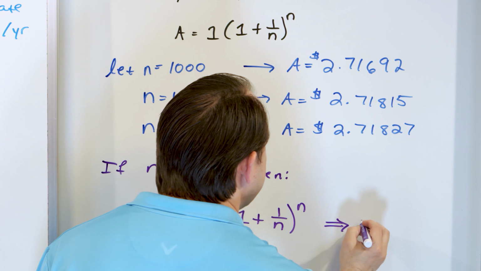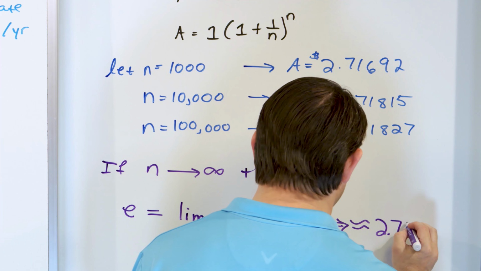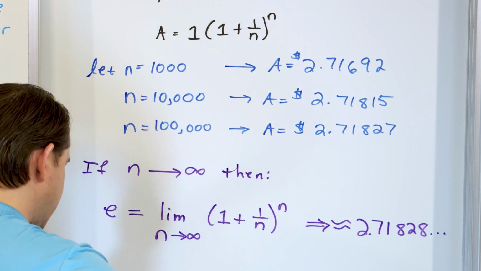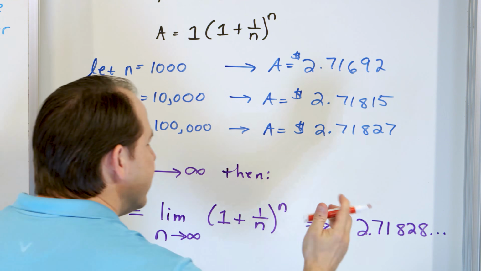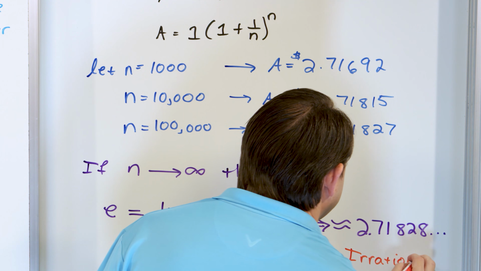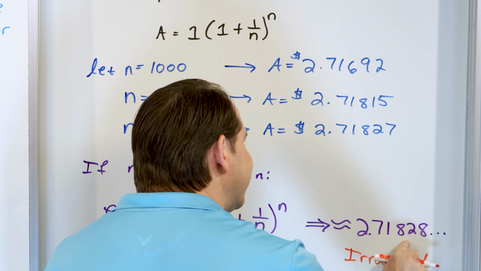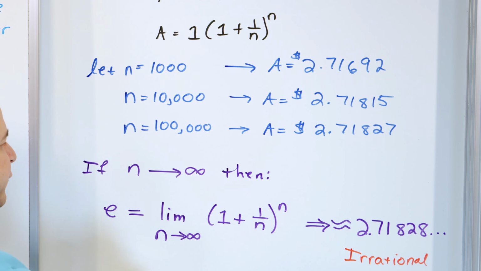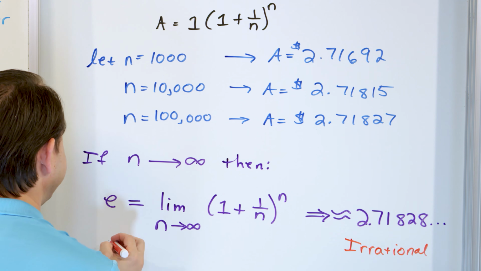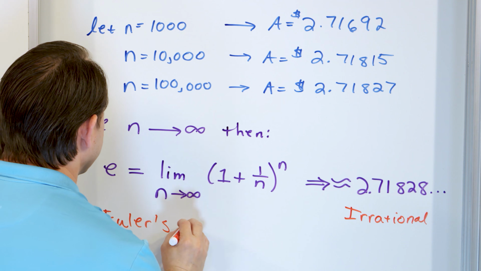And this is approximately equal to 2.71828... And I'm going to put in big letters that this is irrational. In other words, these decimals do not repeat. There's not a repeating pattern. I cannot write this number as a fraction. That's what that means. And because the mathematician Euler figured this out, this is called Euler's number.